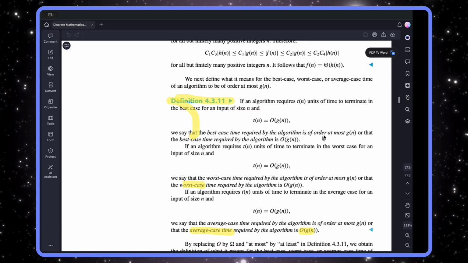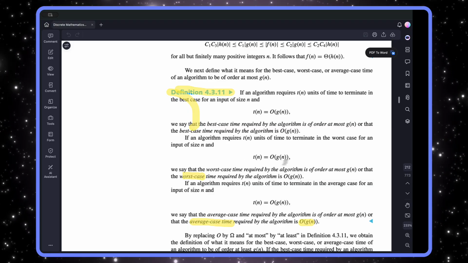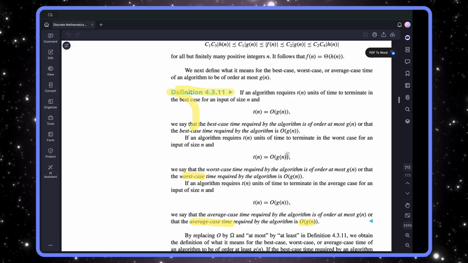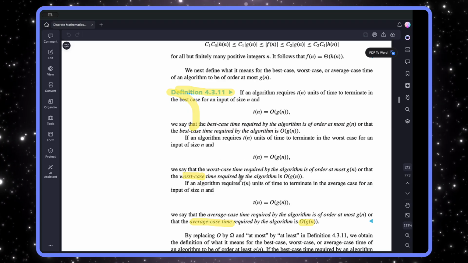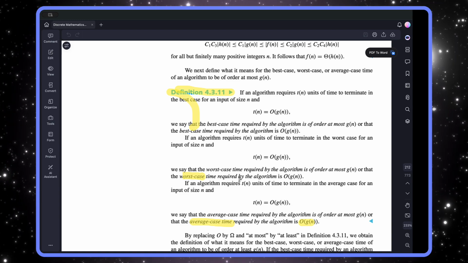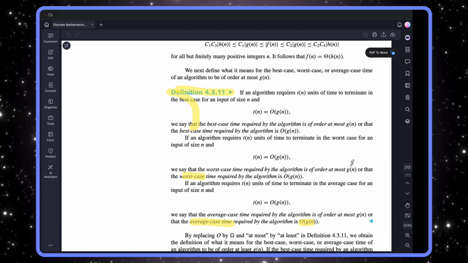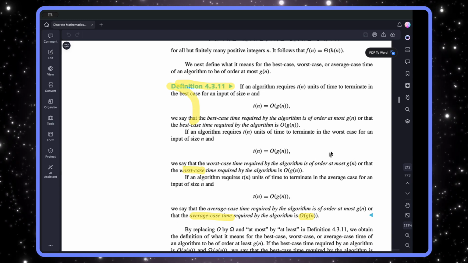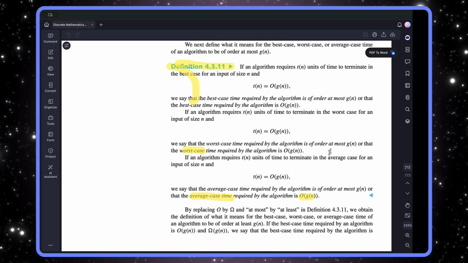Same thing for the worst case. If we know the worst case is like g of n, then we say the order is at most g of n, et cetera.